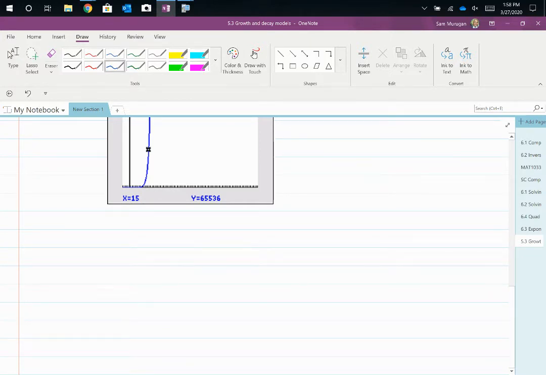Now, I wanted to also explain the difference between an exponential growth model and a logistic model.